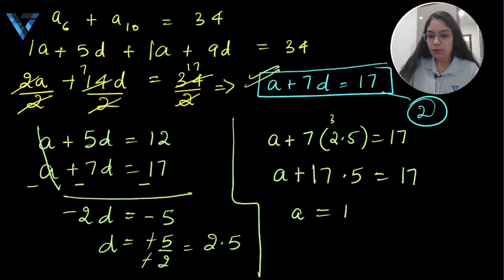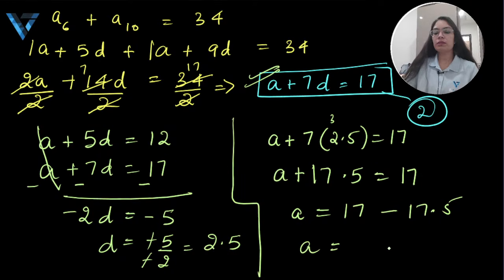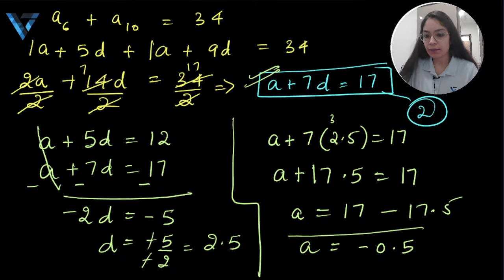So A equals 17 minus 17.5. Doing the subtraction, A's value is minus 0.5.